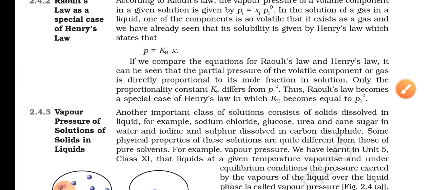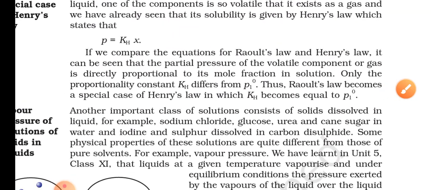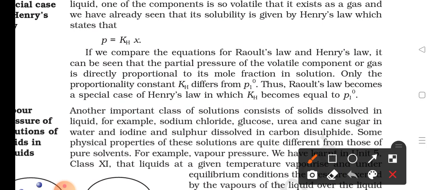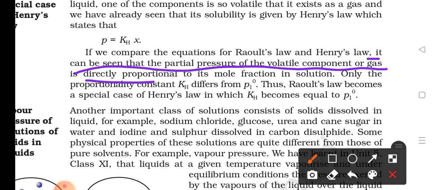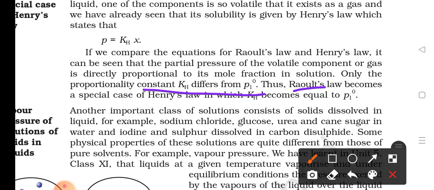You have to write these two sentences: it can be seen that the partial pressure of the volatile component or gas is proportional to its mole fraction in solution. Only the proportionality constant, KH and P1 naught, is different. Thus Raoult's law becomes a special case of Henry's law in which KH becomes equal to P1 naught.